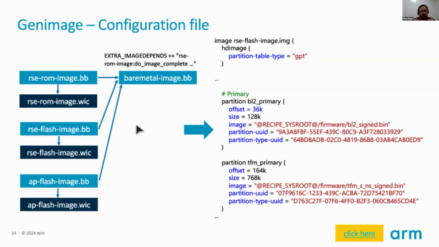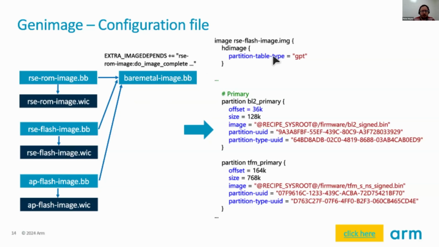This is a little bit messy because these images, the recipes on the far left, aren't really images. We have to jump through some hoops to sort of disable test image, for example, and disable rootfs generation in these image classes. And it's also a lot of files for what they are.